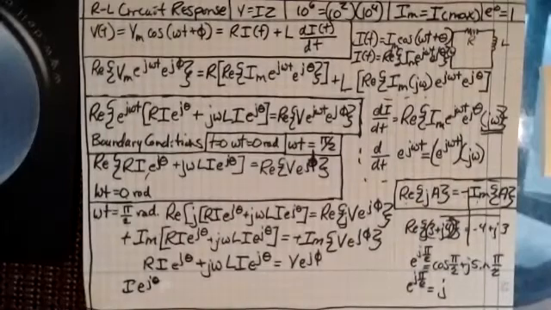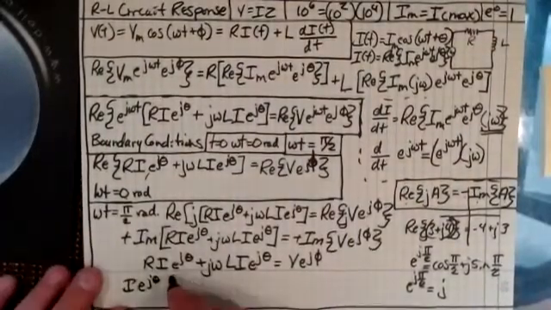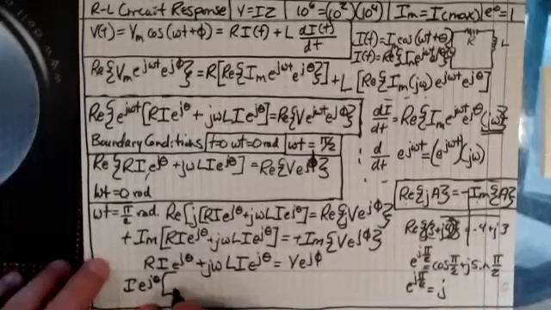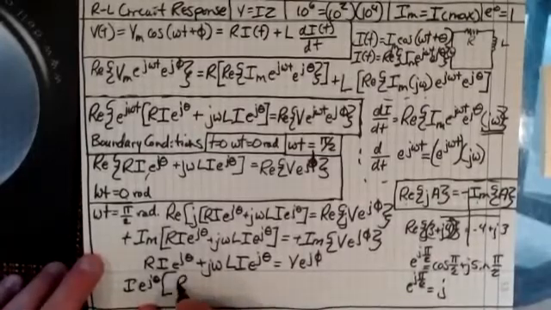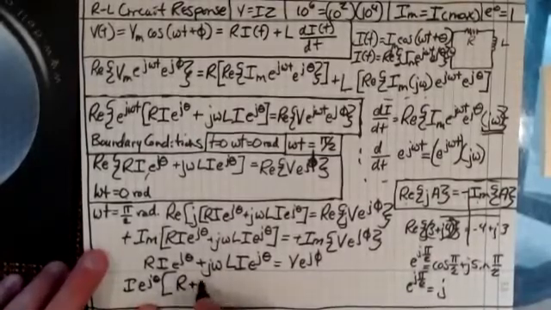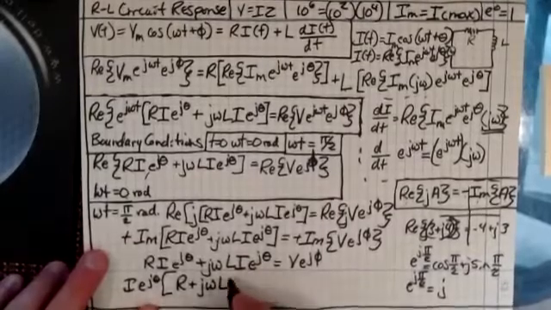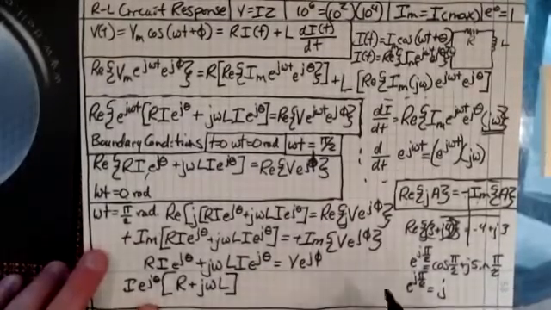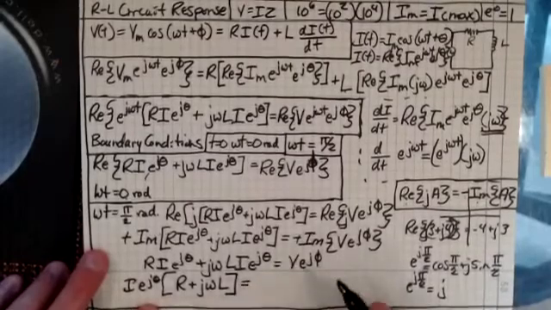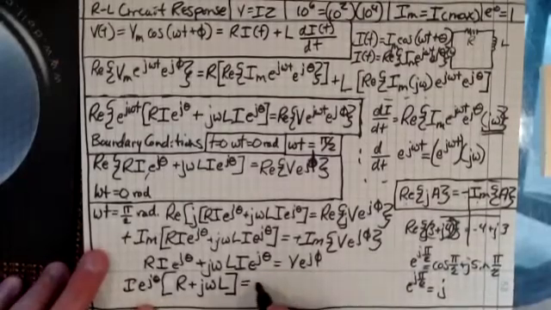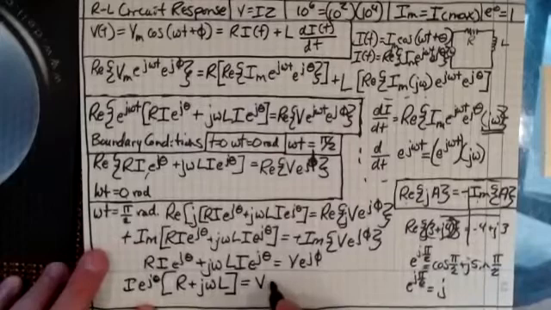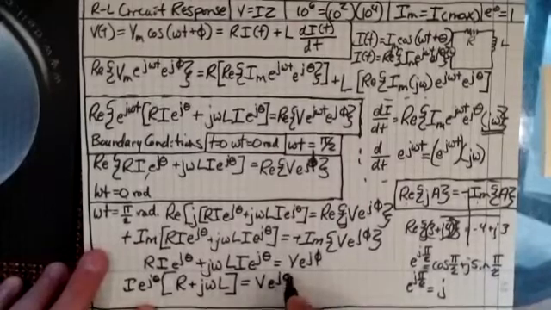Then what that leaves me inside is R plus j omega L equals V e to the j phi.